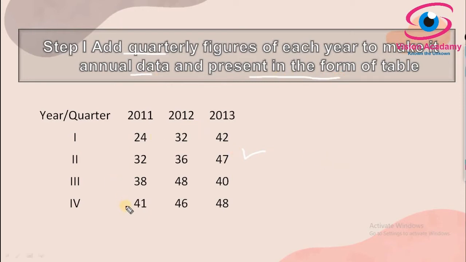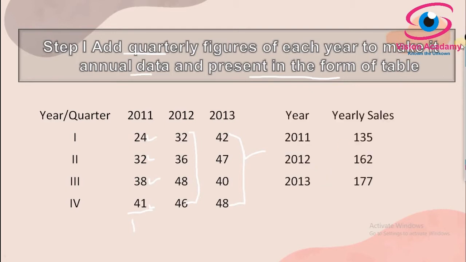For example, for 2011 we concentrate on the year: 24 plus 32 plus 38 plus 41 gives the total. For 2012 also you need to add all these 4 observations, and for 2013 also, so that you will obtain yearly data. So here you can see the yearly data.